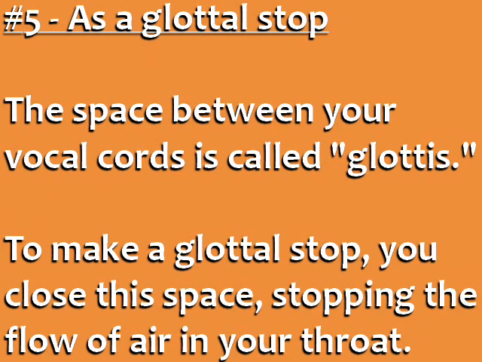Pronunciation number 5. T as a glottal stop. What exactly is a glottal stop? Well, the space between your vocal cords is called the glottis. To make a glottal stop, you close this space, stopping the flow of air in your throat and not in your mouth.